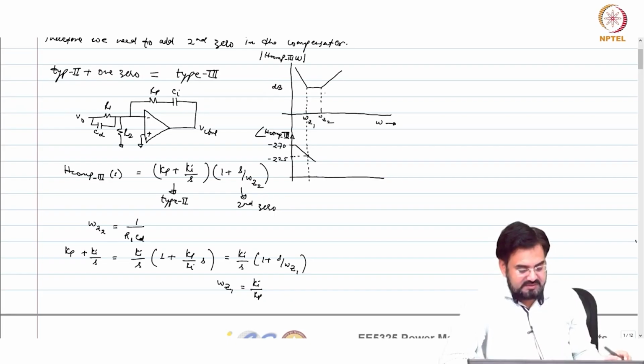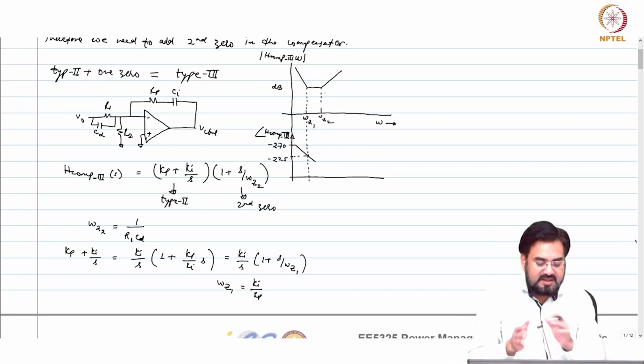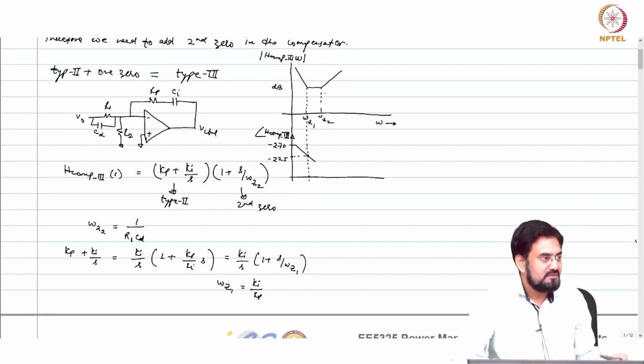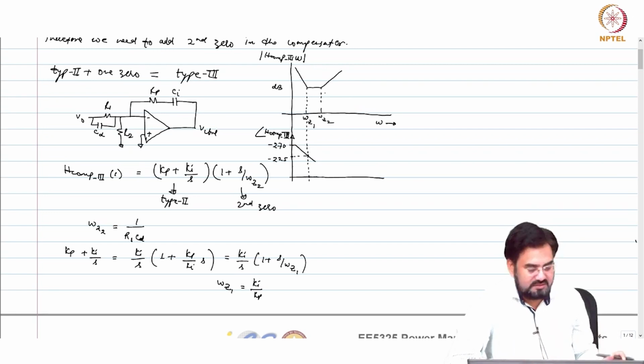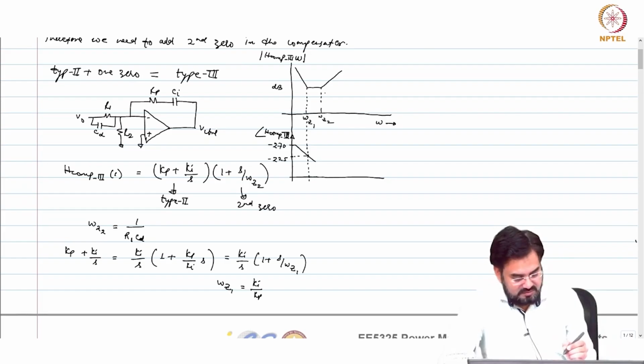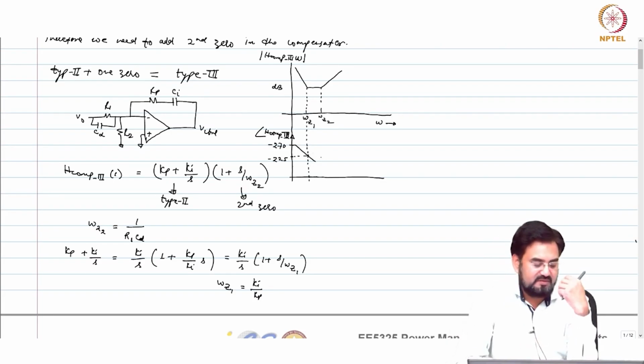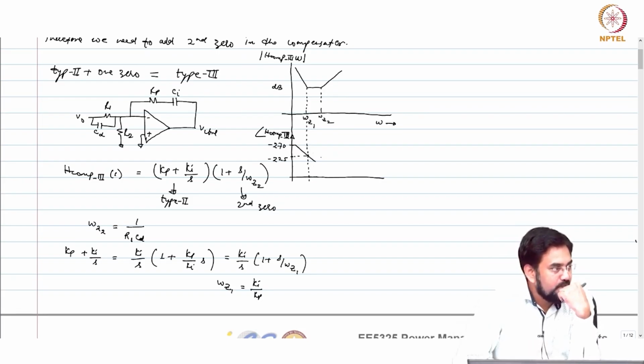Then the second 0. So omega z1 and omega z2 have phase shift pretty close, huh? In which direction should the phase go?